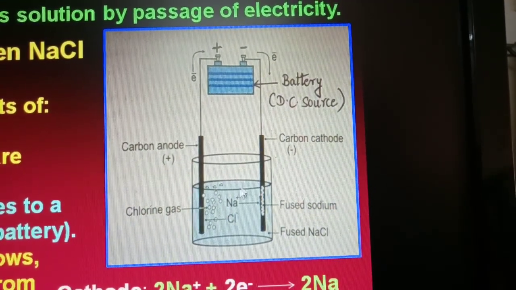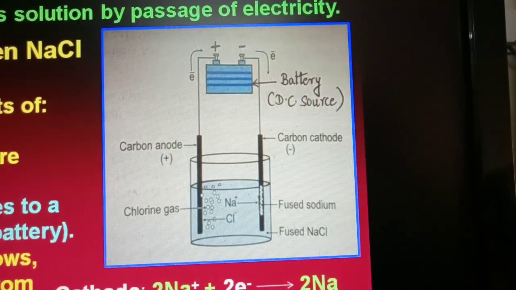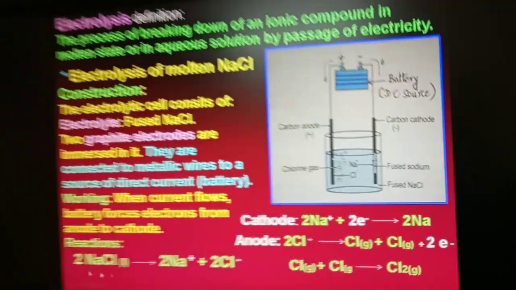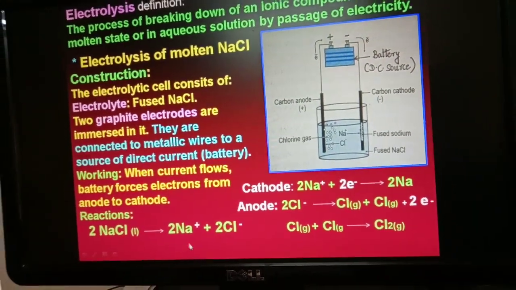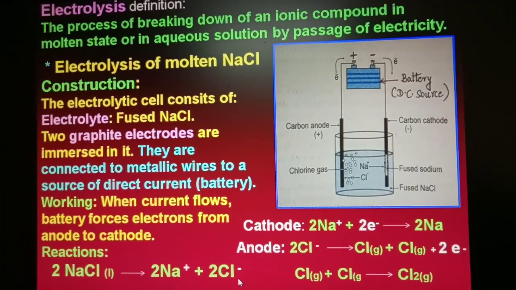The reactions taking place are: initially NaCl, which is in molten state, will first ionize to give Na plus and Cl minus, that is 2NaCl liquid gives 2Na plus plus 2Cl minus.